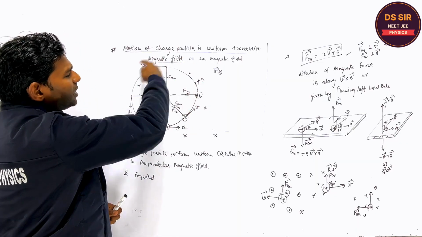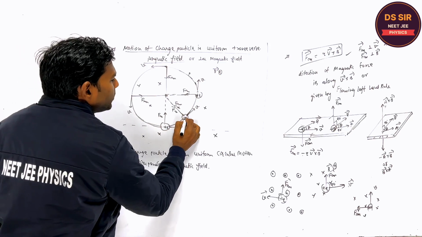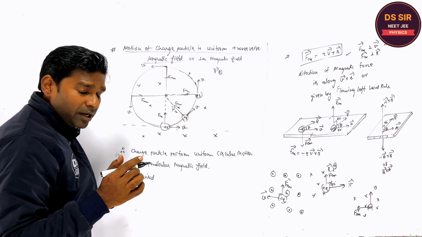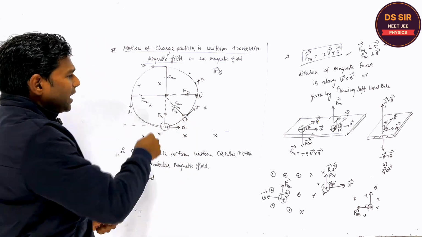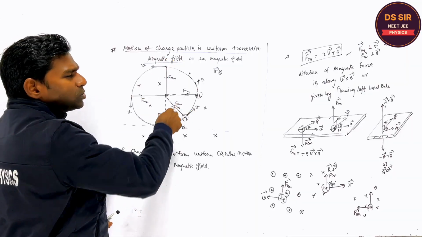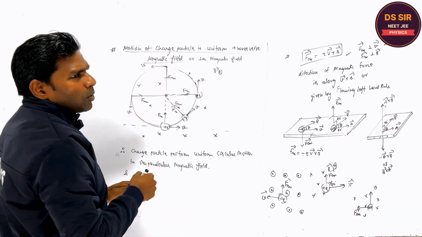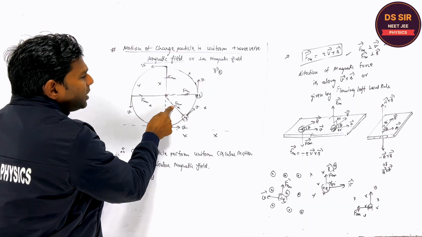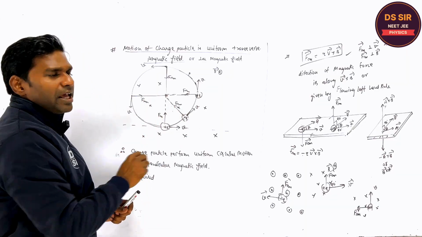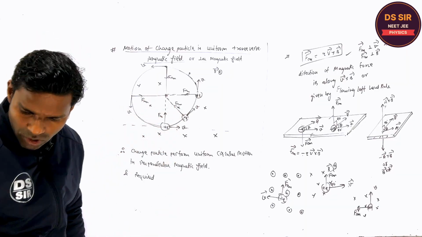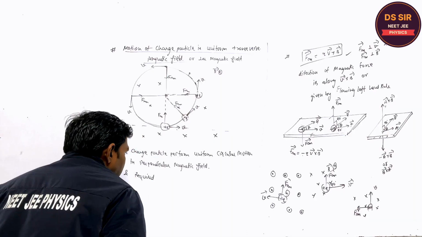So if the charged particle is moving in a circle, there must be some required centripetal force, and this required centripetal force is provided by the magnetic force acting upon it, because the only net force acting toward the center is Fm. Is it clear or not, you tell? Right.